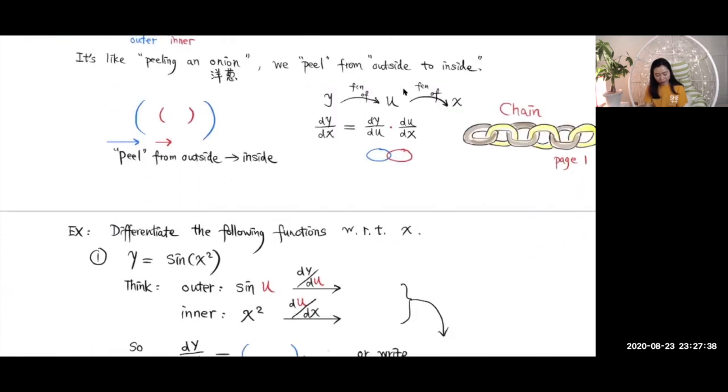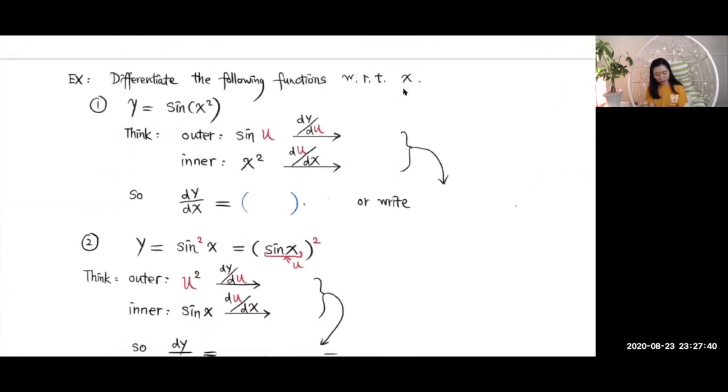Now let's look at this example. We're trying to differentiate y equals the sine of x squared. Think about this: the outer function is sine of u, where we think of this x squared as u.